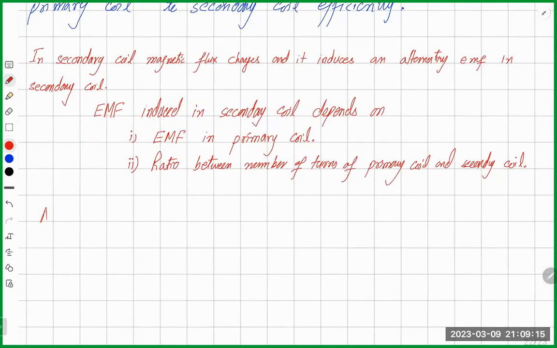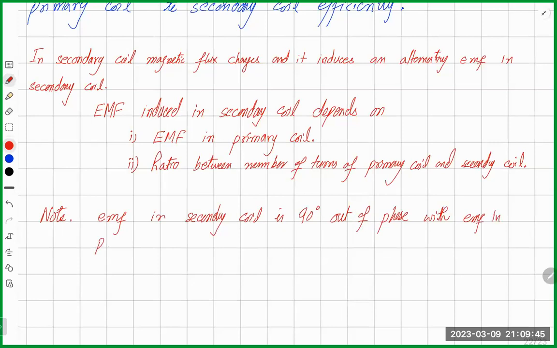Note, EMF in secondary coil is 90-degree out of phase with EMF in primary coil.